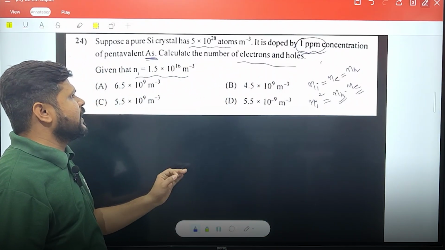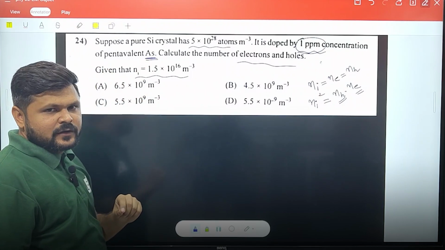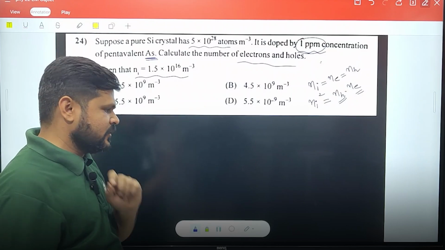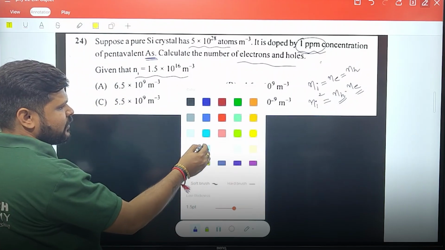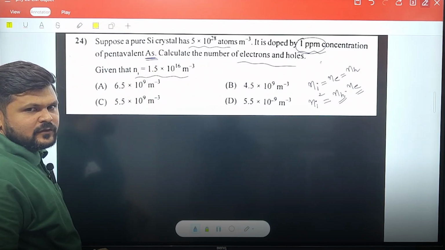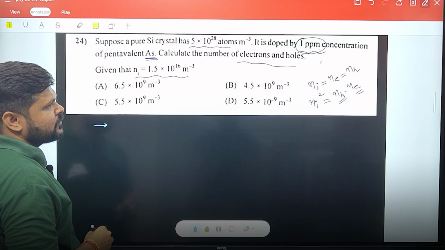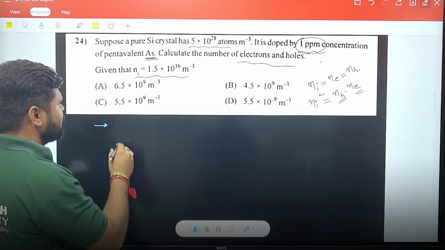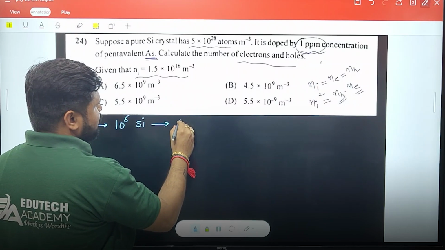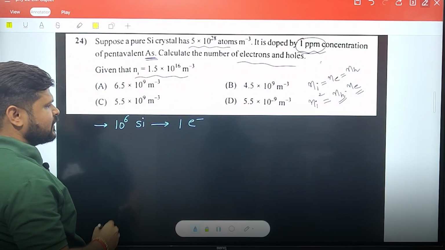So first we will find this number of arsenic, because this arsenic is pentavalent and it will give one free electron to one Si atom. So ultimately, if we find the number of pentavalent arsenic, then we can find the number of free electrons. So first we will find the number of free electrons, and for that the concentration is 1 ppm. That means if there are 10 raised to 6 silicon, then there will be one free electron by pentavalent arsenic doping.